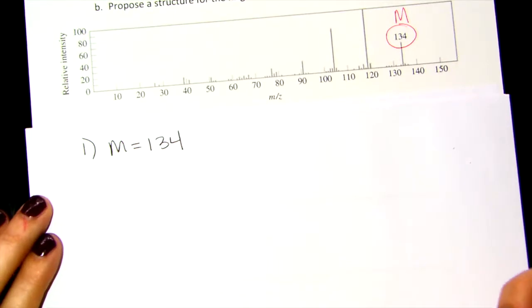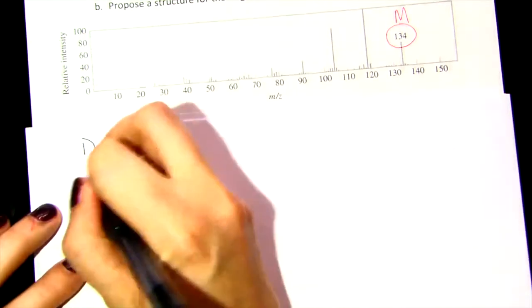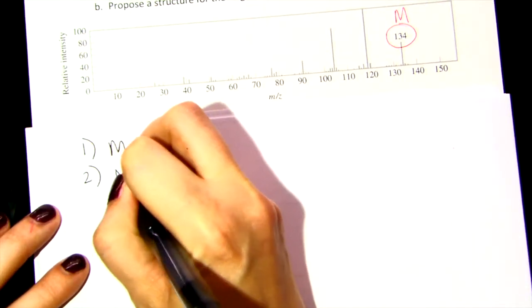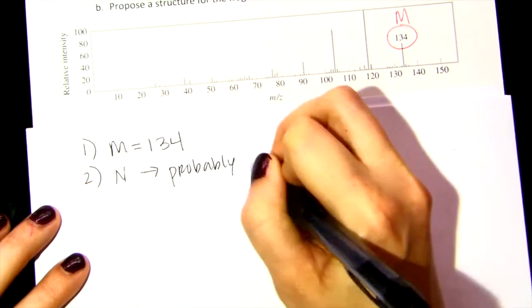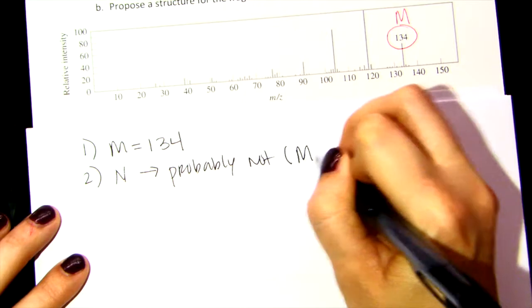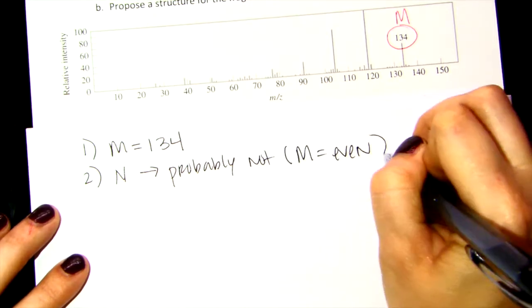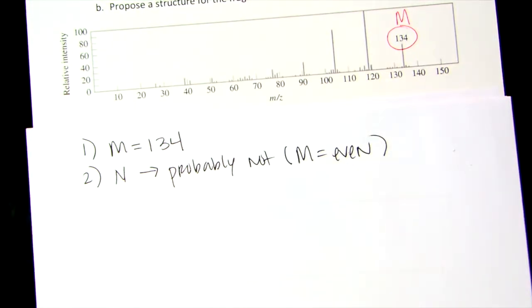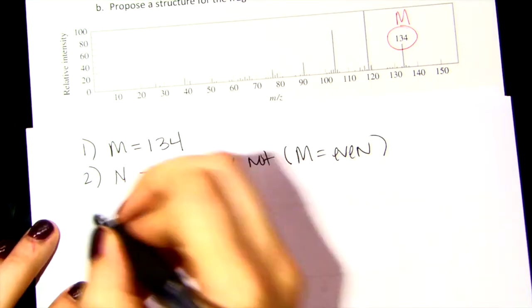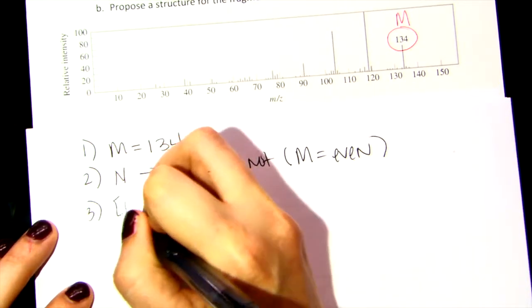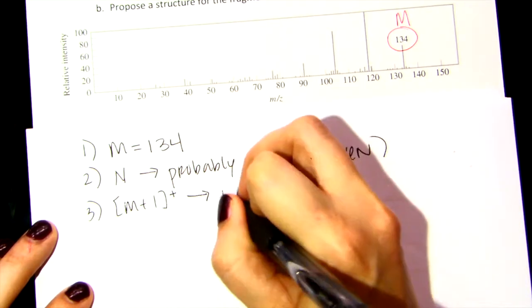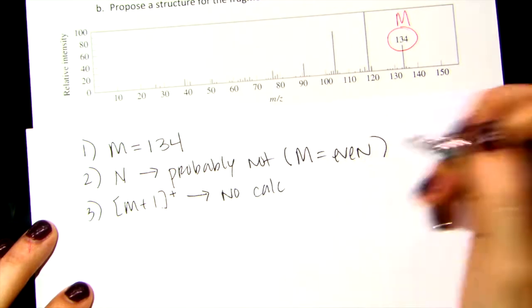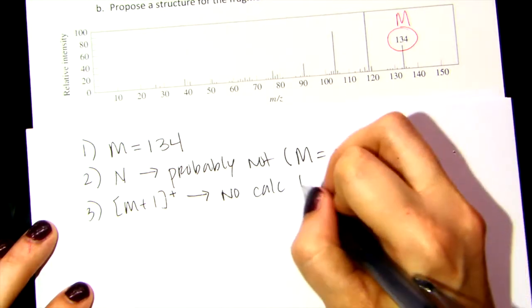M is not odd, so hunting for nitrogens, probably not, because M is an even number. Again, we don't have the carbon data to calculate with this one, so M plus 1 isn't really telling us anything.